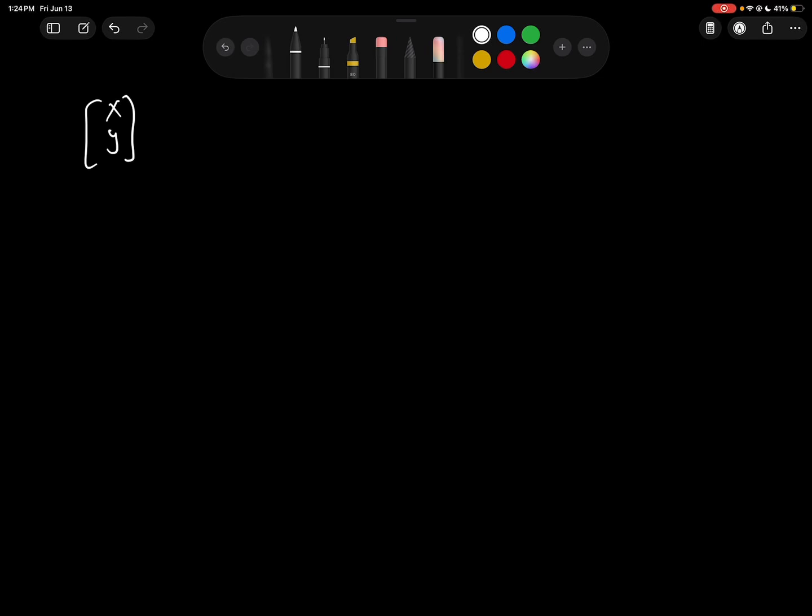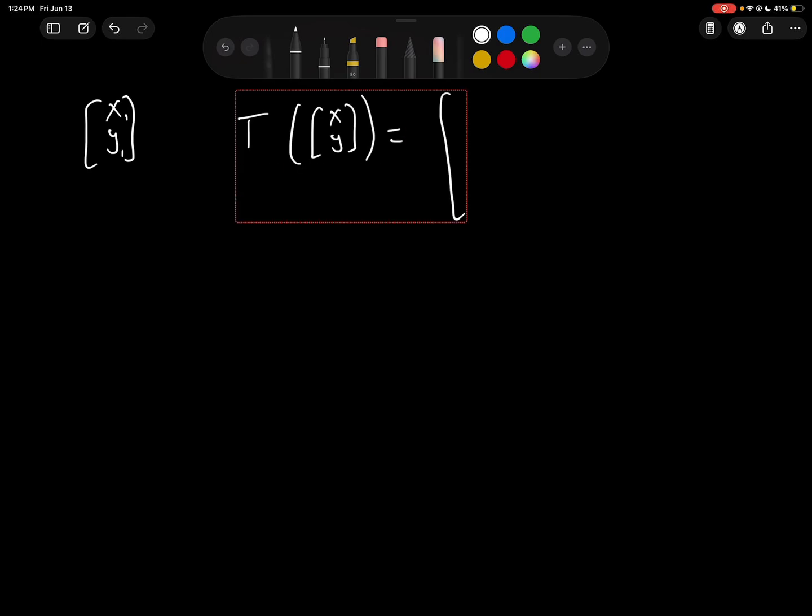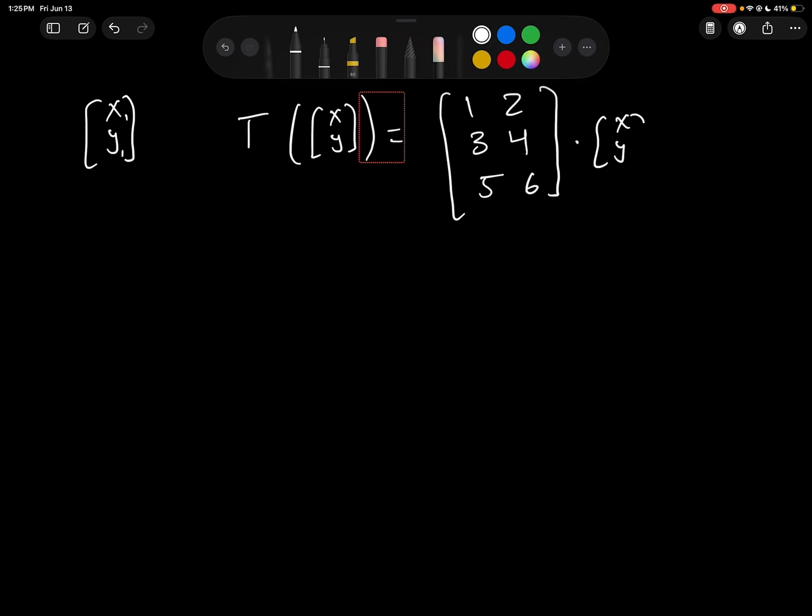Or let me call it x1 and y1, okay? So let's say that our transformation here, T of x y, is something like a 3x2 matrix. So let's say that it's like 1, 2, 3, 4, 5, 6 times this x y.